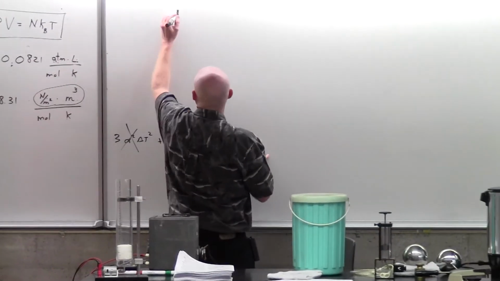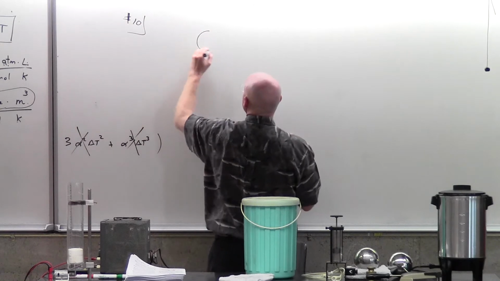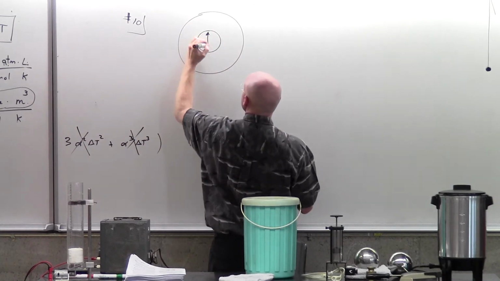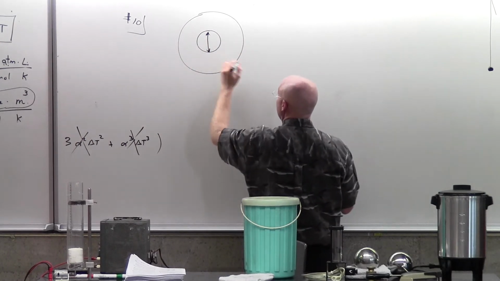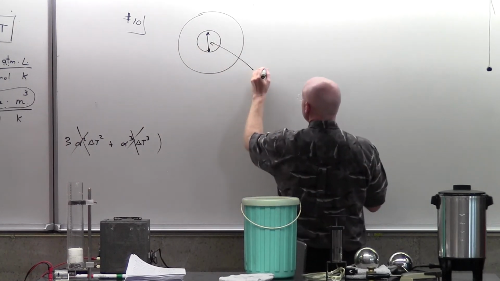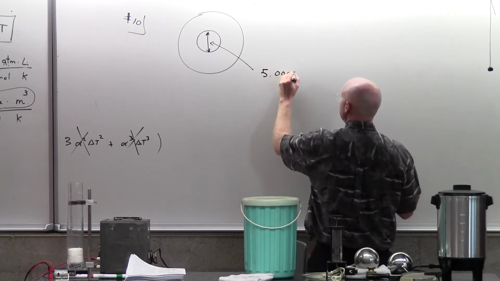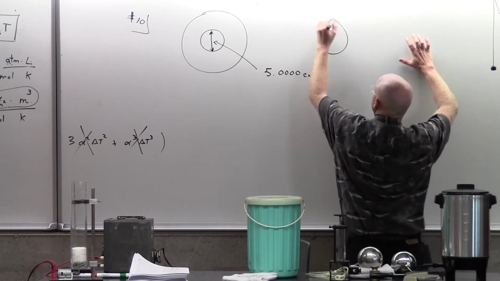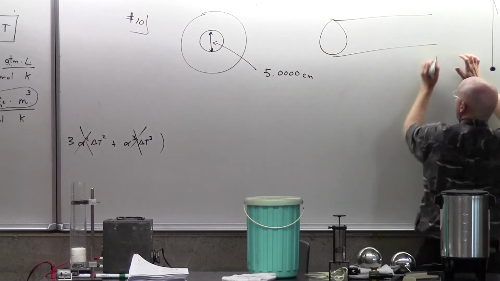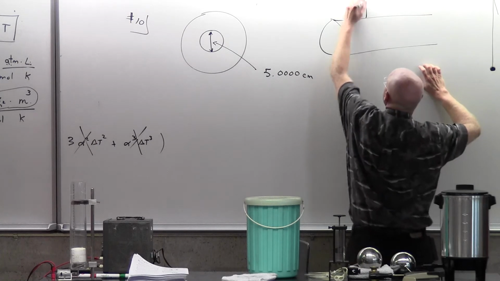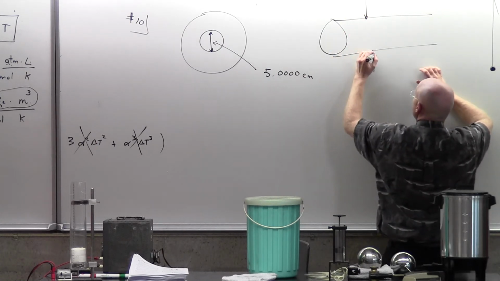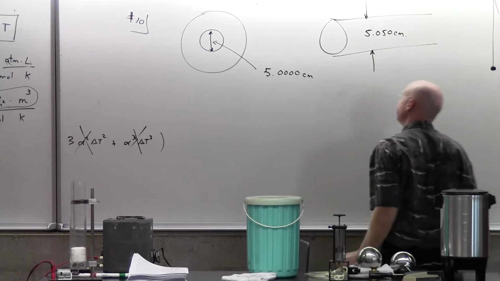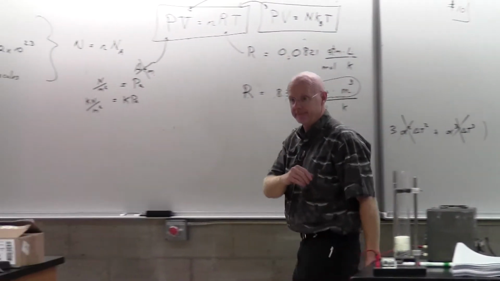So in number 10, we have a ring where the inner diameter is 5.0000 centimeters, and over here a brass rod that has a diameter of 5.050 centimeters. Can we fit them together?